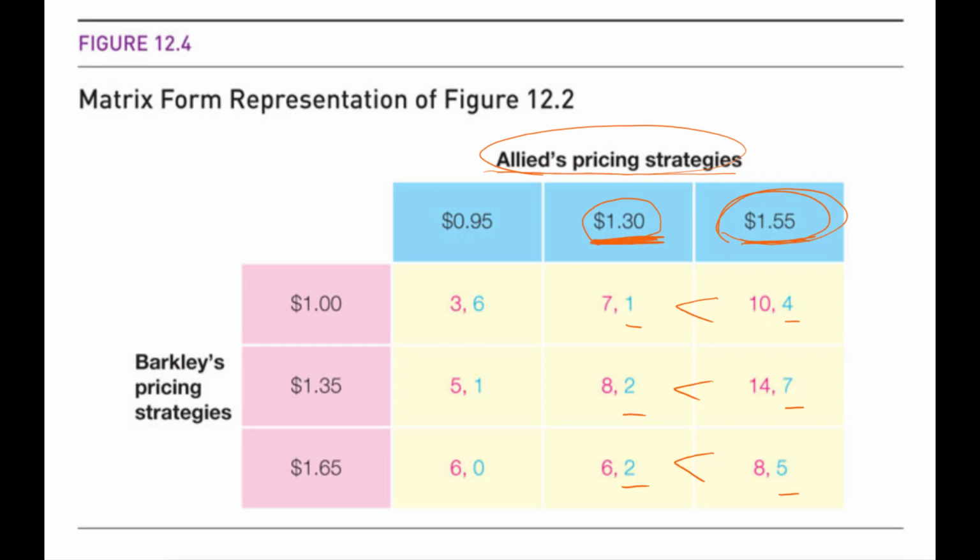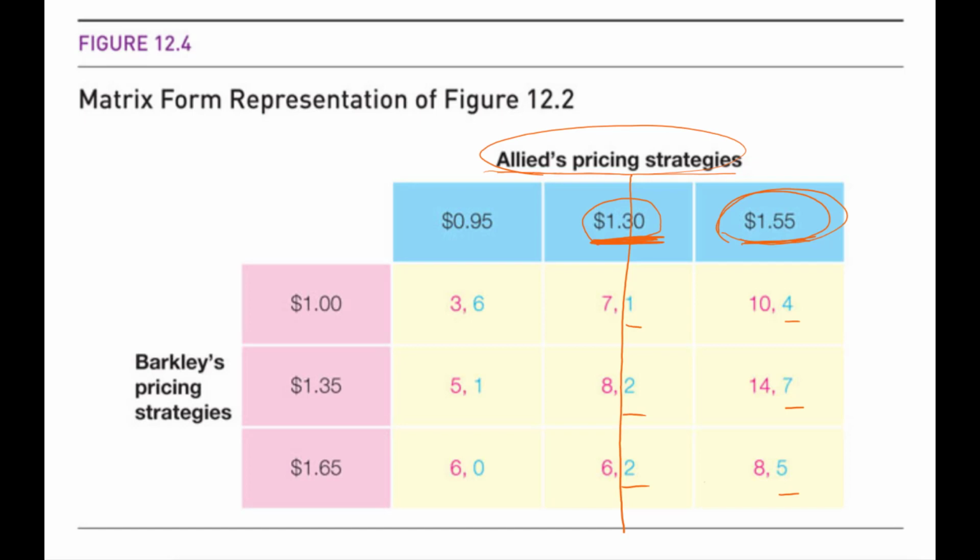So as it will never be played by player Allied, you can eliminate this strategy out of the game. So you can reduce the game of 3 by 3 to 3 by 2, and in this reduced game, now you can see if you can actually proceed further elimination.